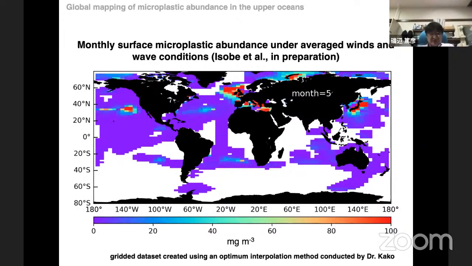In our study published last year in Nature Communications, we compared the microplastic distribution observed in the ocean with that modeled in the computer, and we had to remove the microplastic in the model with a timescale of 3 years. Otherwise, we cannot reproduce the oceanic distribution actually observed.